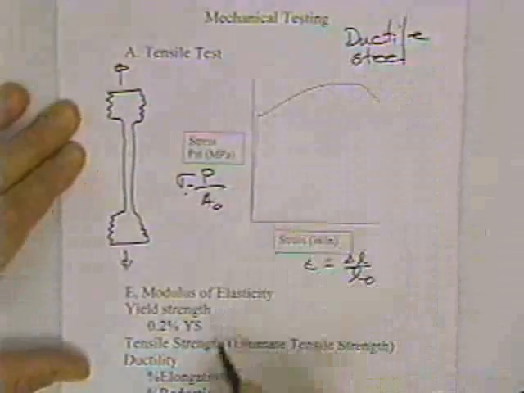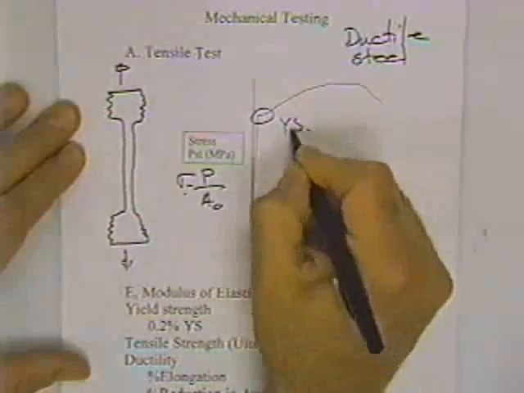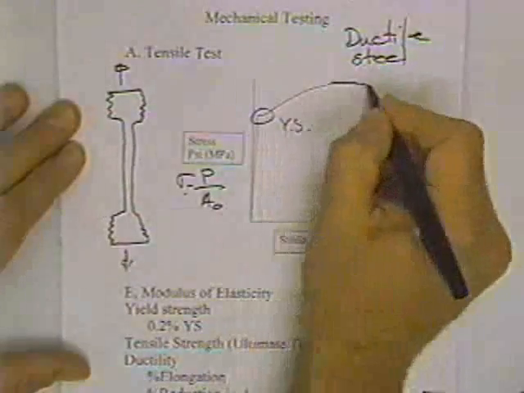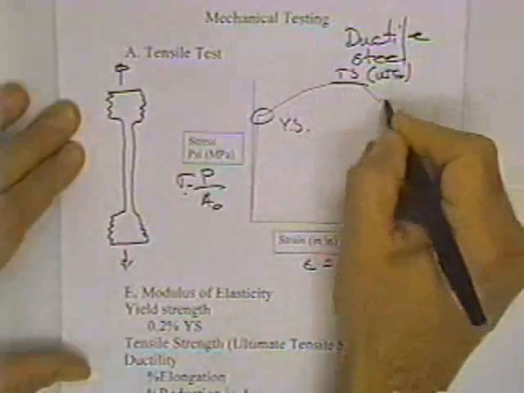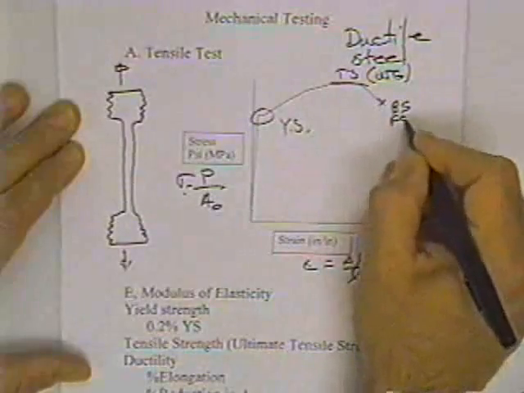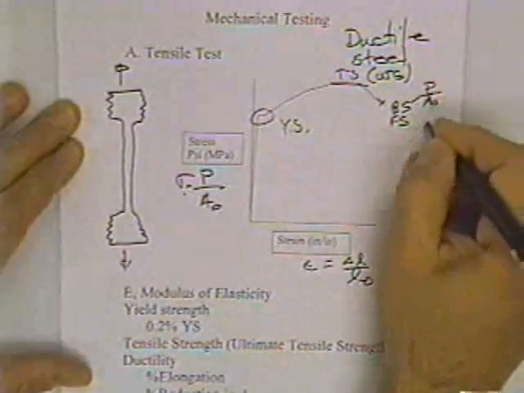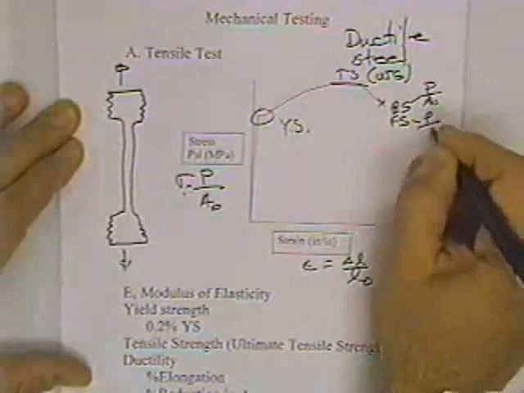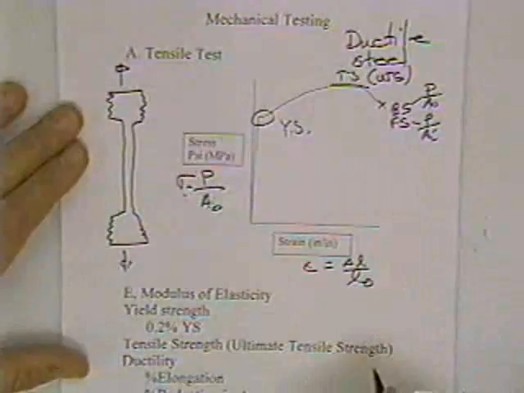This would be an example of a steel material. This is the yield stress. This is the tensile stress or ultimate tensile stress. This would correspond to the breaking stress or the fracture stress, where the breaking stress is P over A0, the fracture stress is the true stress, P over the final area.